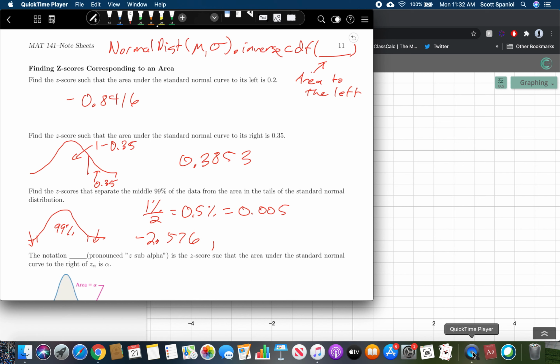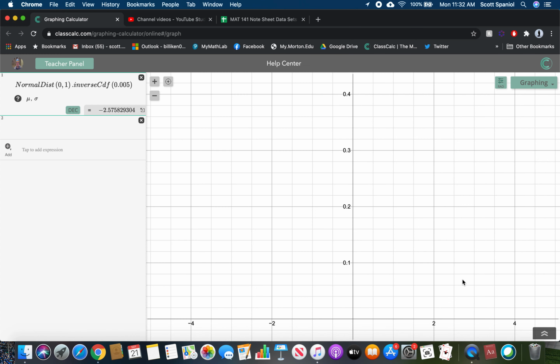Over here is 0.005, so then this line over here would be 0.995. So we put in 0.995, and it gives me 2.576. Okay, and so that's the idea of how this inverse CDF works.